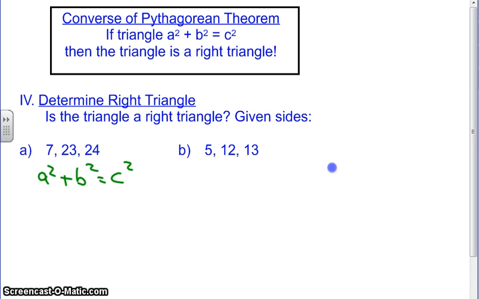It must go into one of these letters, right? The longest leg must be what letter? C. Why is that? It's the hypotenuse. So when you're testing this, I like to put a question mark over my equal sign. Make sure you start there. Plug in the longest leg for c. The other 2 don't matter. It doesn't matter where you put it.